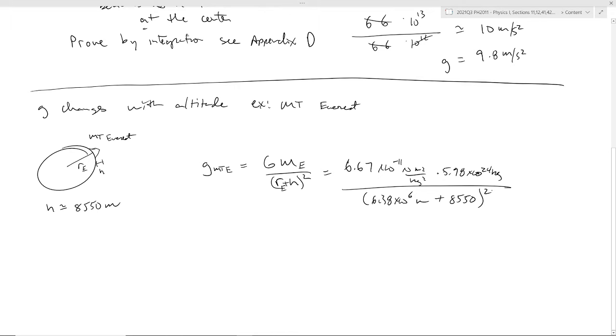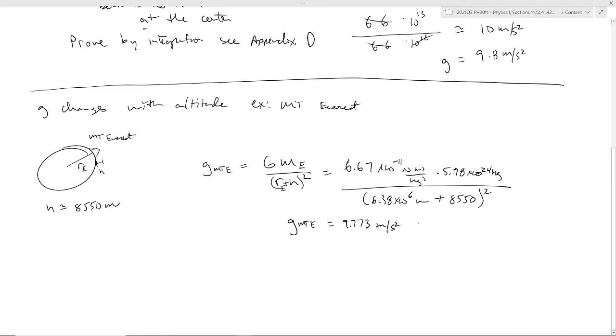and then we would square that. Now, you can tell, the denominator is ever so slightly larger, so we know that little g that results from this is going to be ever so slightly smaller. And in fact, you'd get about 9.773 meters per second squared.